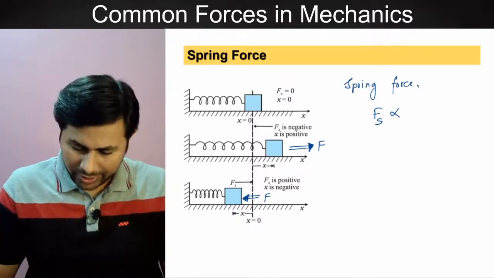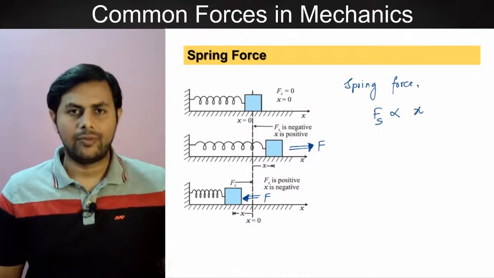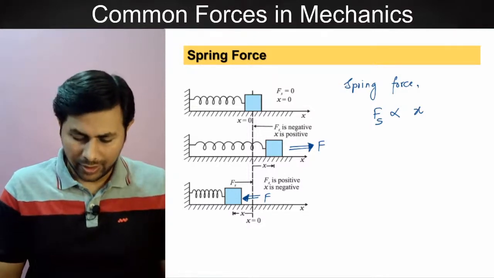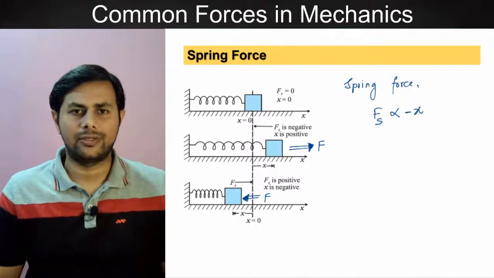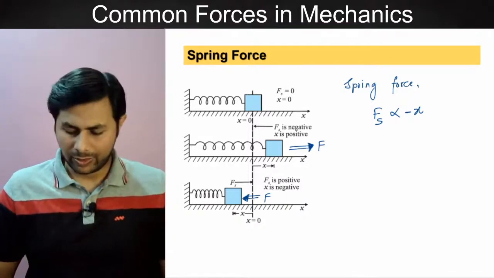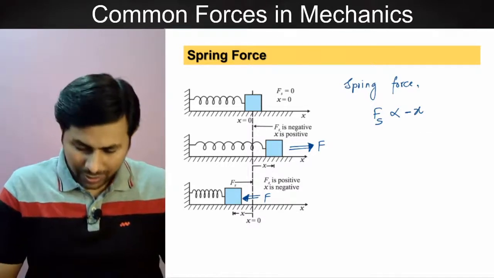It is directly proportional to x, but it is directed opposite to that of x, so to take care of the sign we put a negative sign. So the spring force is directly proportional to what? Minus of x.